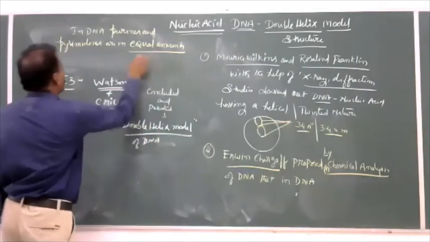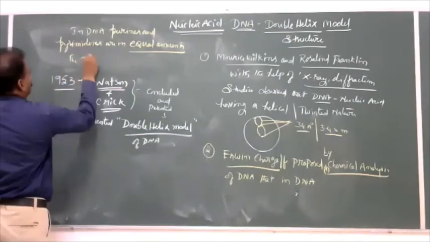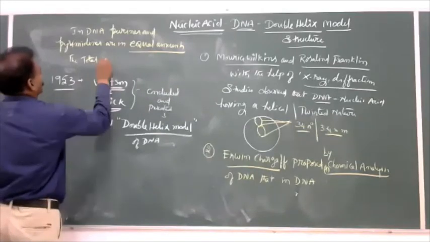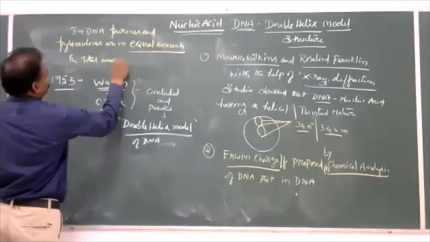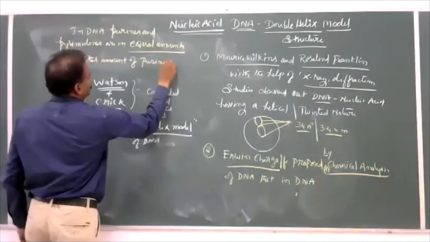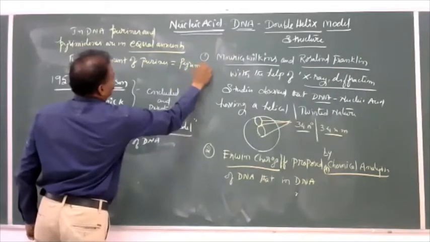It means the total amount of purines is equal to the total amount of pyrimidines.